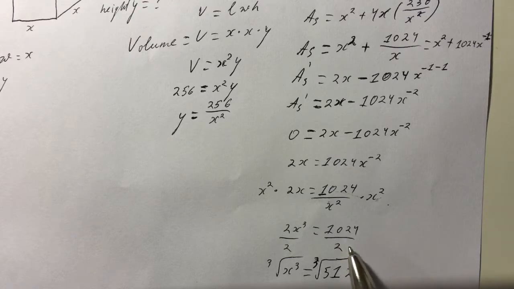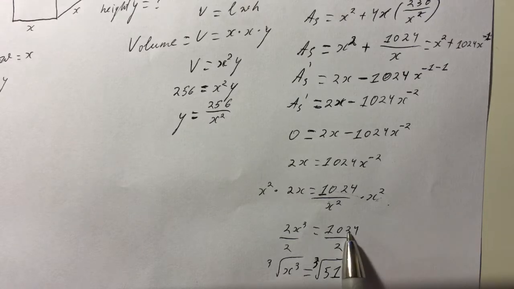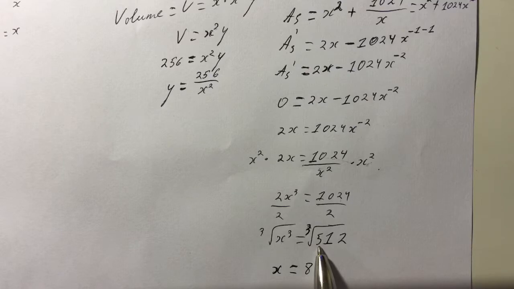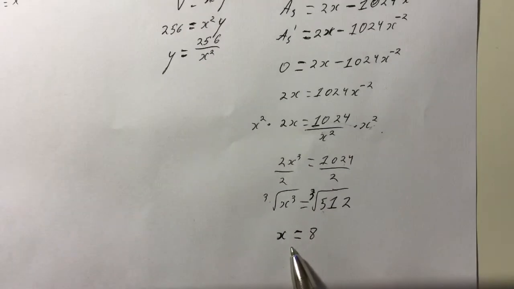It's not going to equal 1024 over 2. It's going to equal 1024. Then you have to divide both sides by 2 to get rid of the 2 on this side. So then it's going to be x cubed equals 512 after you do that. But then what you want to do is take the cube root of both sides, and then you end up with x equals 8.